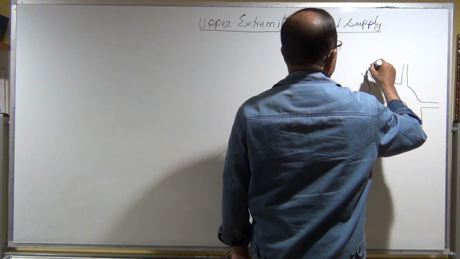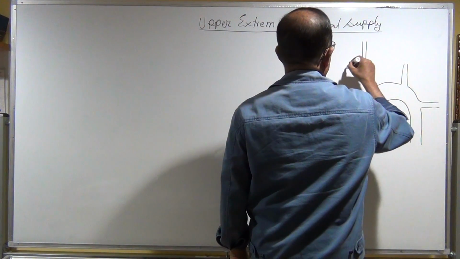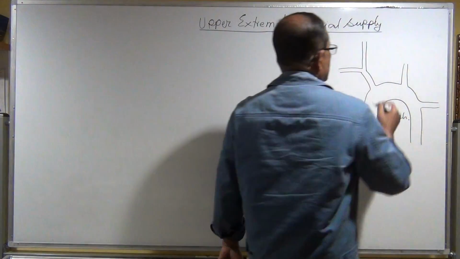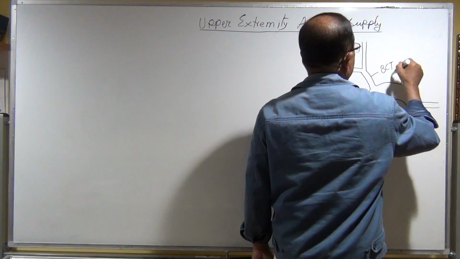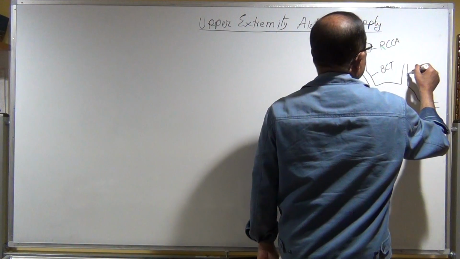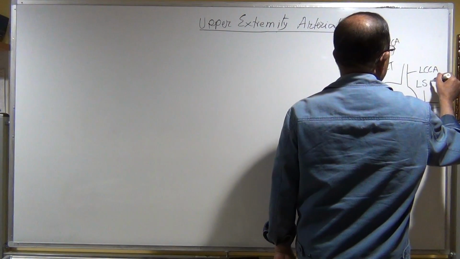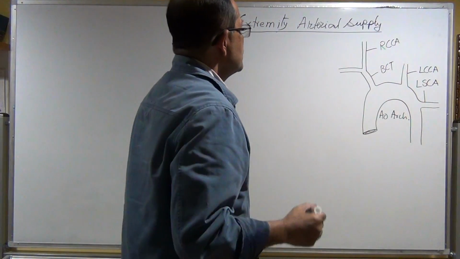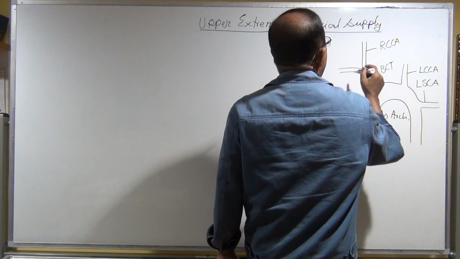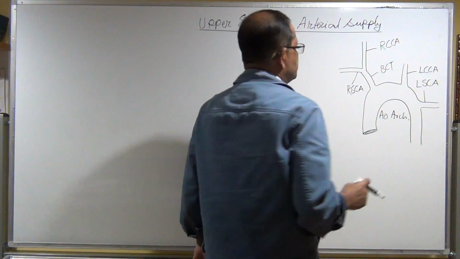This is the right common carotid artery, this is the left common carotid artery, and this is the left subclavian artery. So the brachiocephalic trunk gives rise to the right common carotid artery and the right subclavian artery. So this is the right subclavian artery.